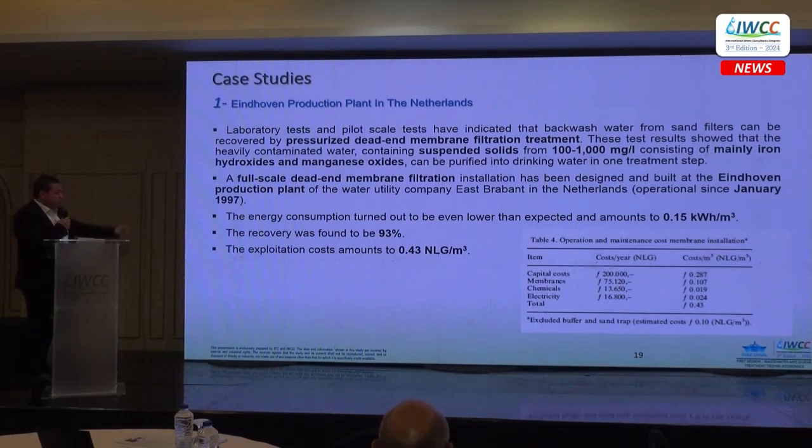We could see here that the power consumption is about 0.15 kilowatt hour per cubic meter, and the recovery was about 93%, and the exploitation cost amounts to 0.43 guilder, about 20 European cents per cubic meter.